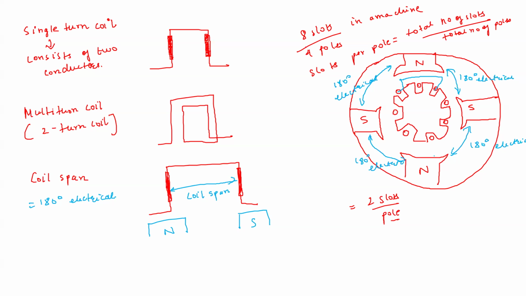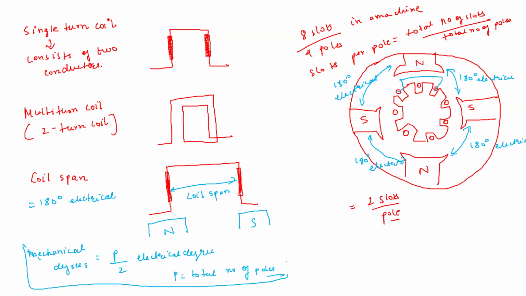But mechanical degrees are 360 degrees, right? So what is the relation between mechanical degrees and electrical degrees? Mechanical degrees equal P by 2 into electrical degrees, where P is the total number of poles. So in this diagram, 180 degrees electrical means 90 degrees mechanical.